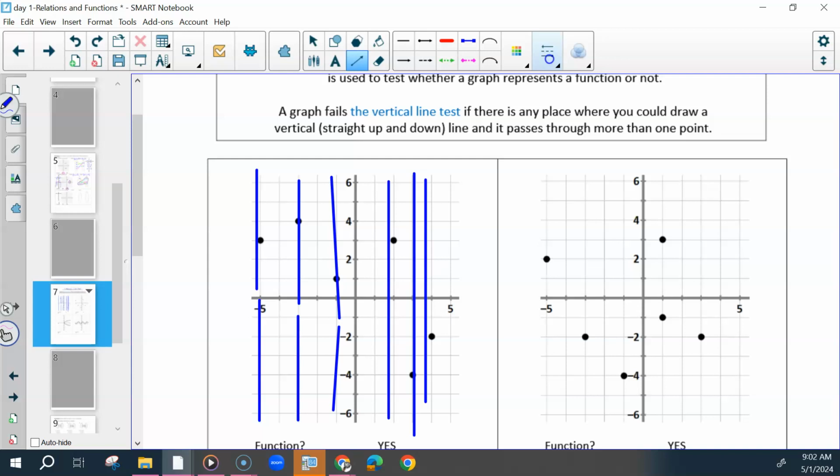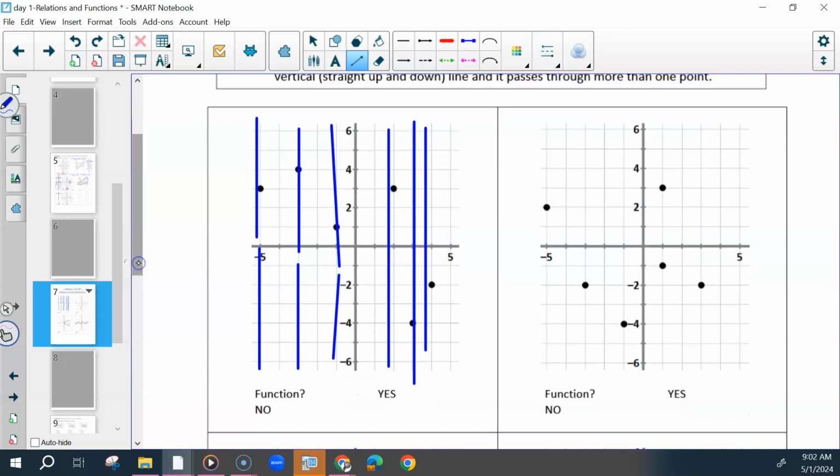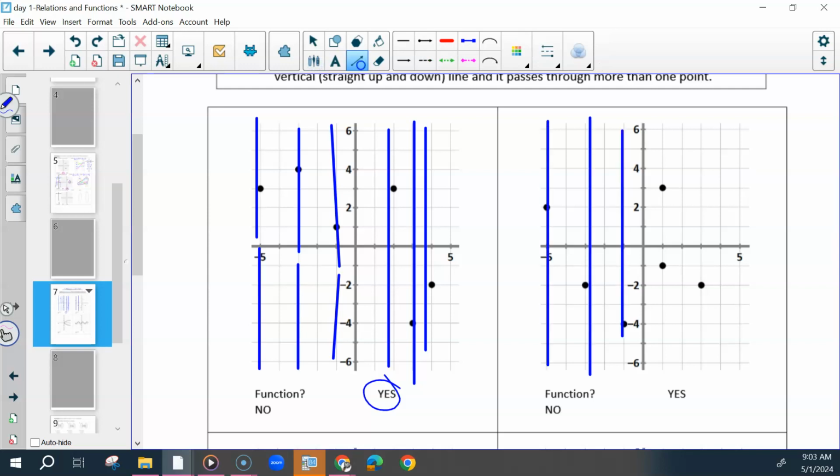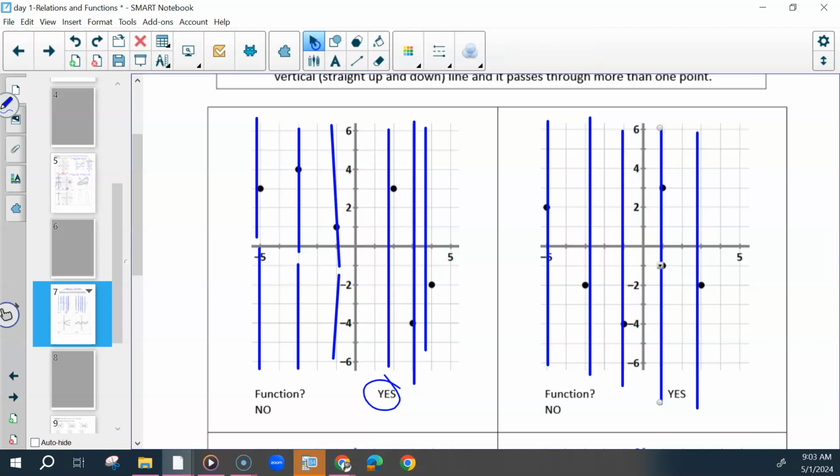No. So that means it passes and it is a function. If I do the same thing for the second one, does that touch more than one point? Yes. So that fails and it's not a function.